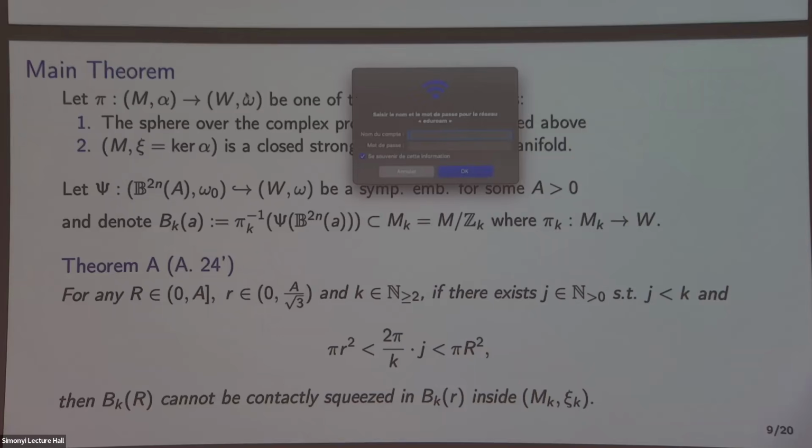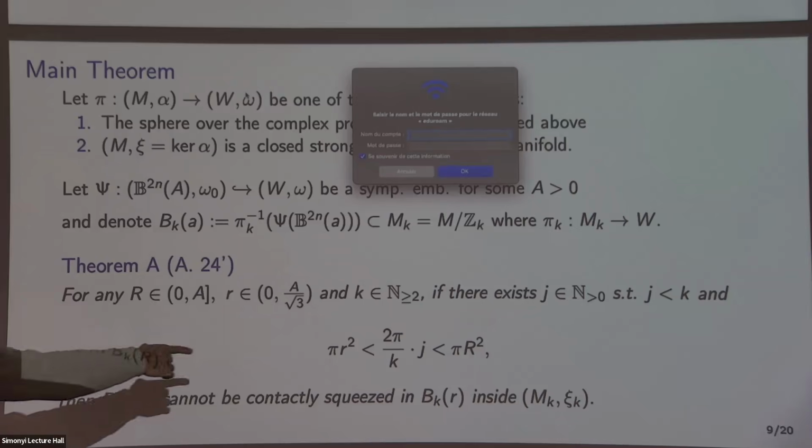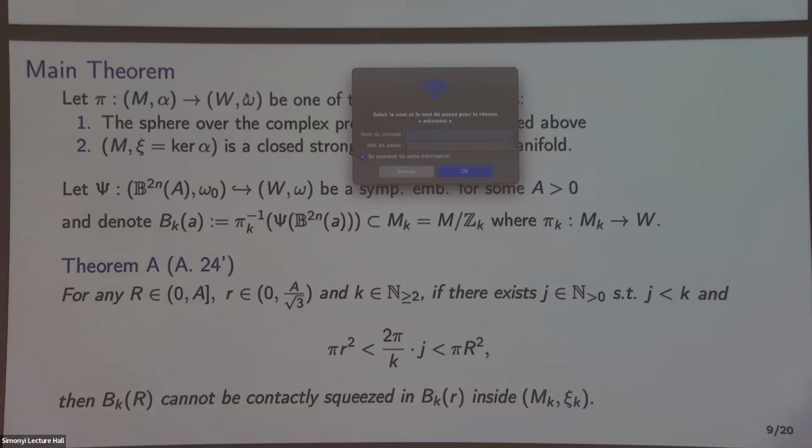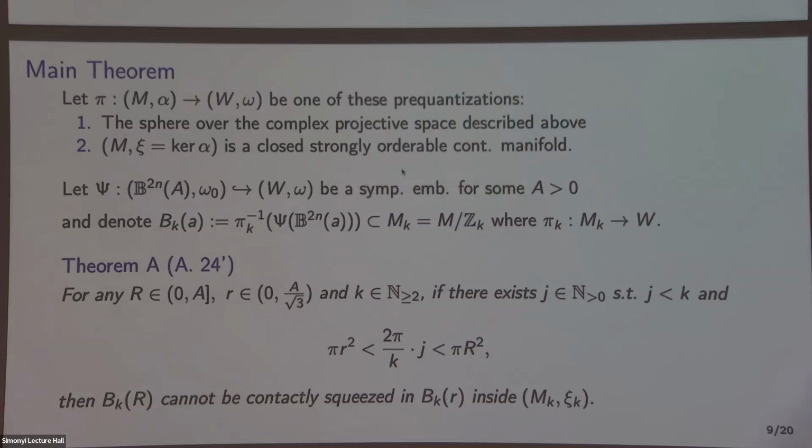Oh, okay. So if you take big R and little r fixed, as K gets big, this obstruction vanishes, because eventually you can find some J. Since the obstruction vanishes for large K, I guess it's easier to contact squeeze for large K, so it's harder to contact squeeze for small K. No, that's the opposite.